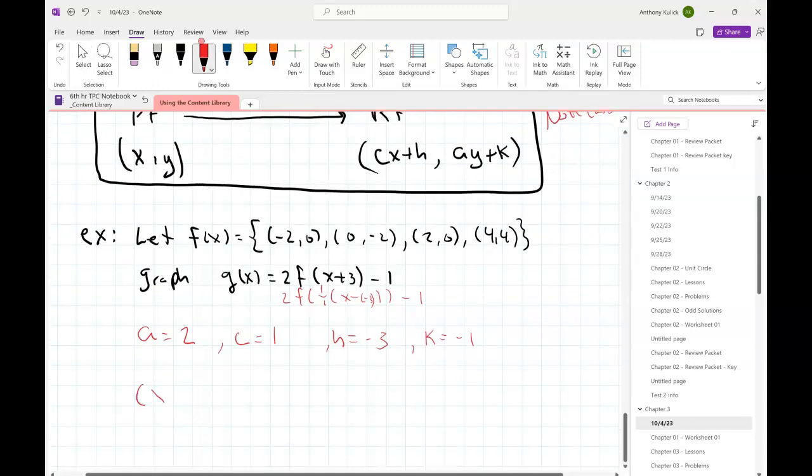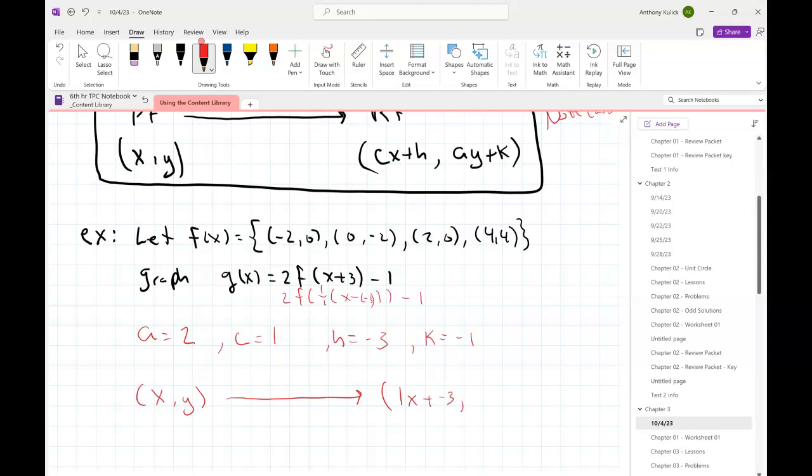So what I'll do then is I'm going to write my function map. So I'm going to have cx plus h, and then ay plus k. So I have x minus 3, comma, 2y minus 1.